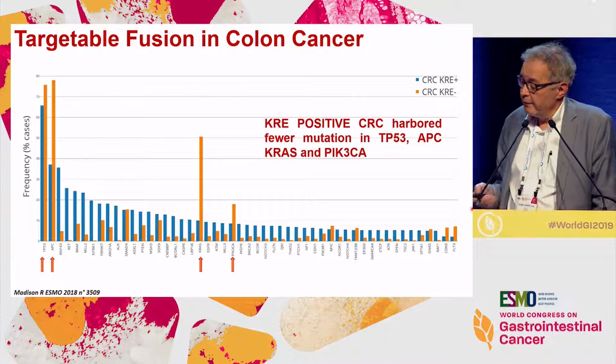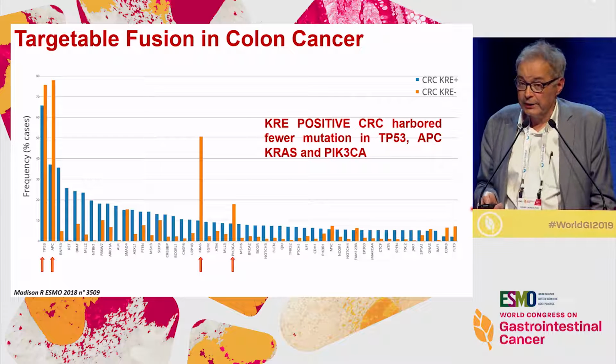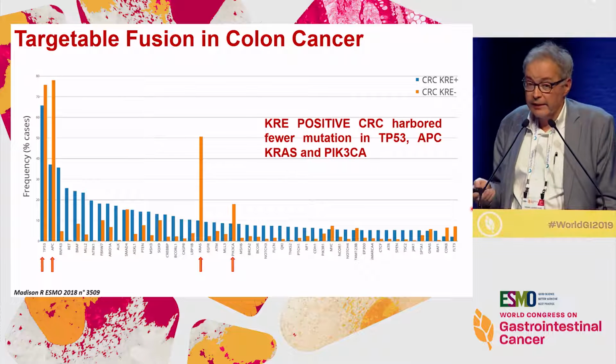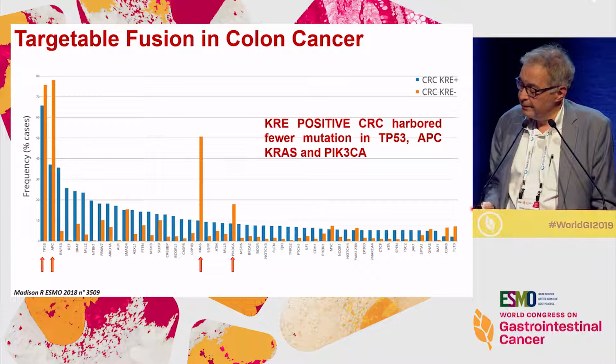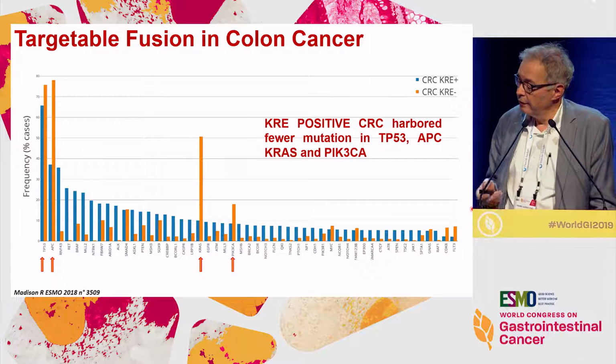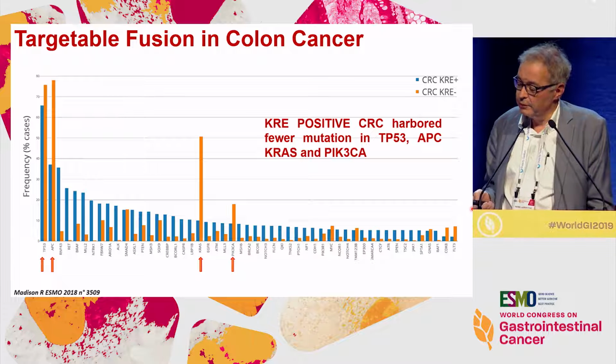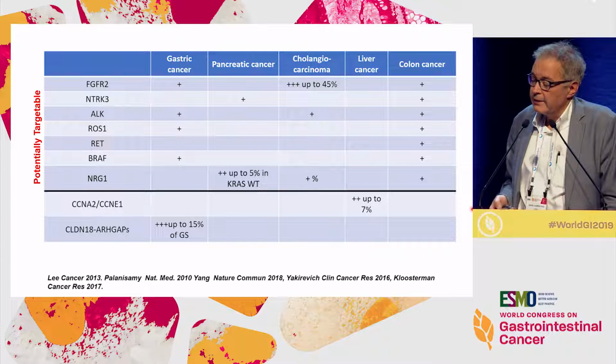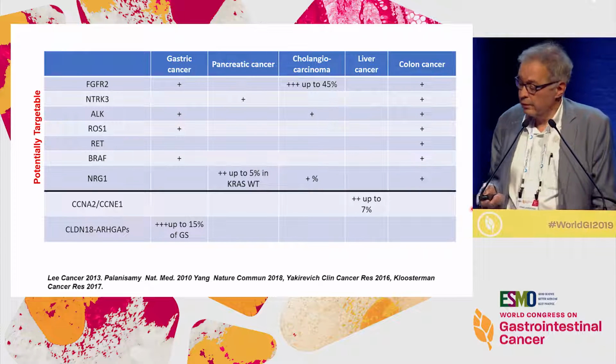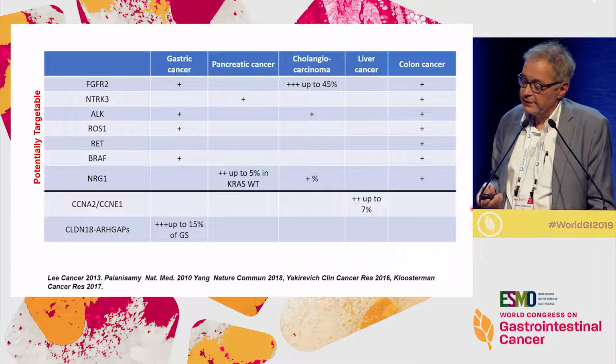These tumors harbor fewer mutations in P53, APC, KRAS, once again, and PI3 kinase than the non-fused tumors. And this summarizes, in fact, all that we know of for gastrointestinal cancer.